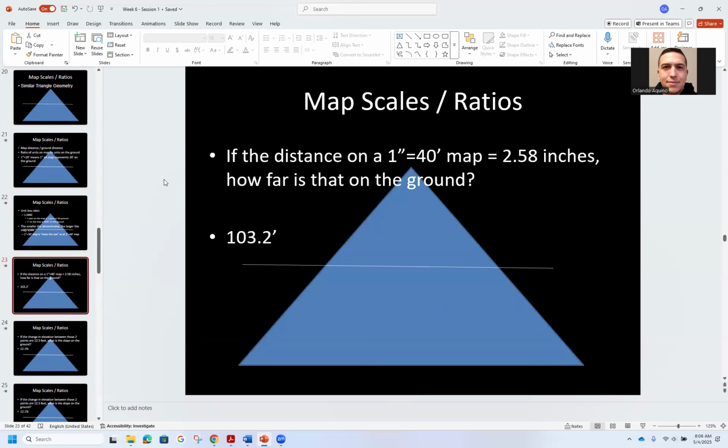So if a distance is 1 to 40 on the map, how far is it on the ground? That'd be 103.2. How did you figure that? Well, you take the units, and you go 5 divided by 12.